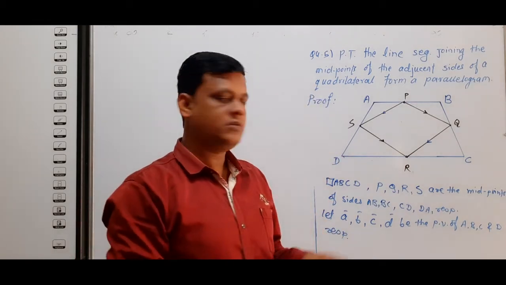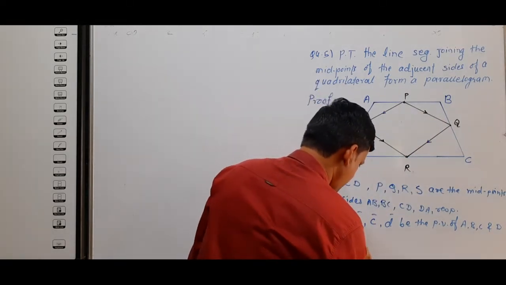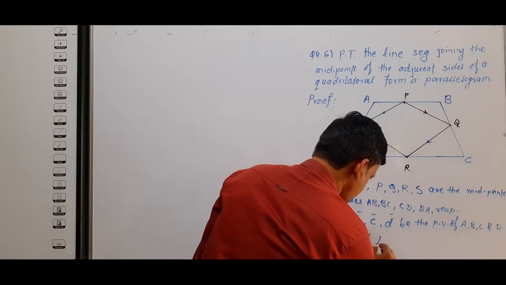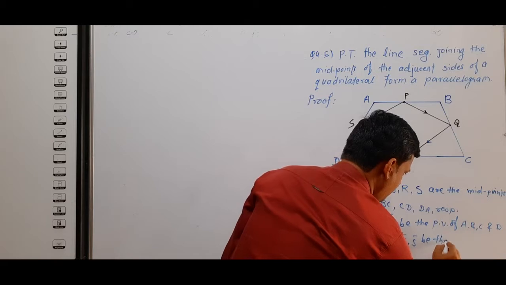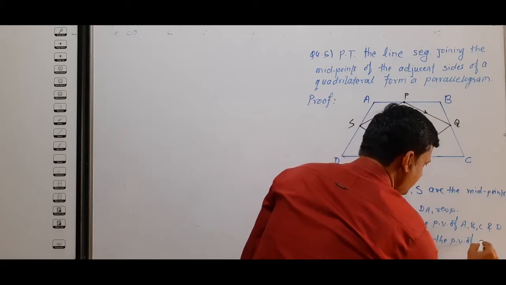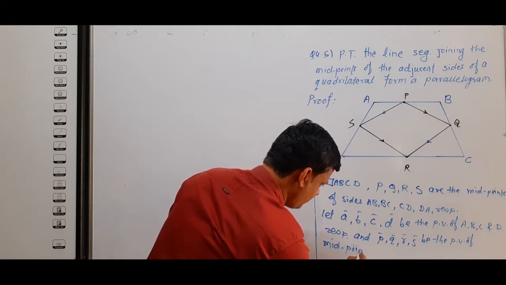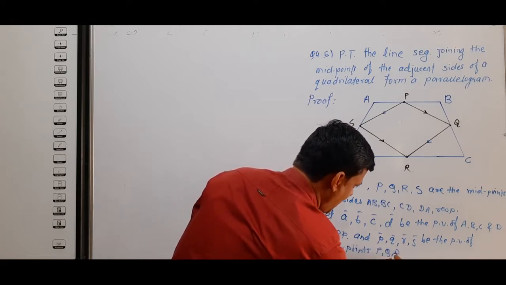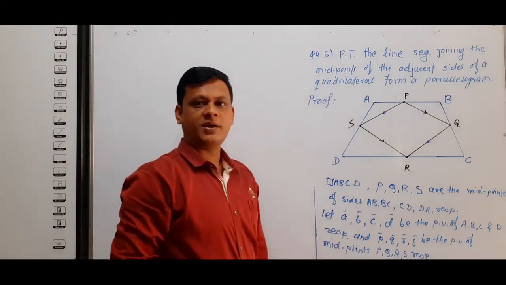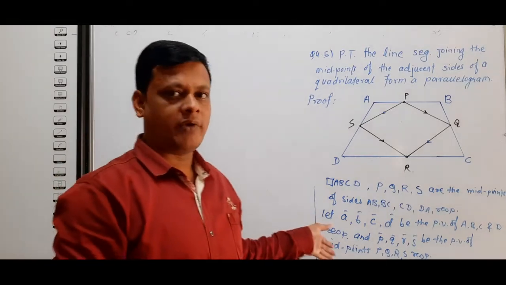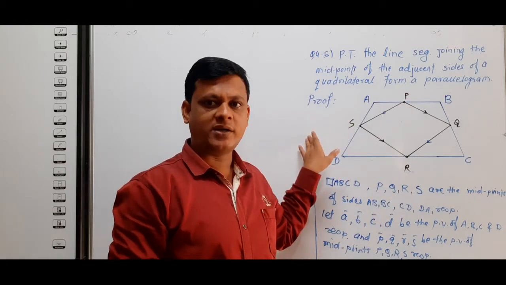Similarly, we have to consider the position vectors of P, Q, R, S. So we write here small p bar, q bar, r bar, s bar be the position vectors of midpoints P, Q, R, S respectively. So in this way, first we have to write the position vectors of vertices and the position vectors of midpoints.